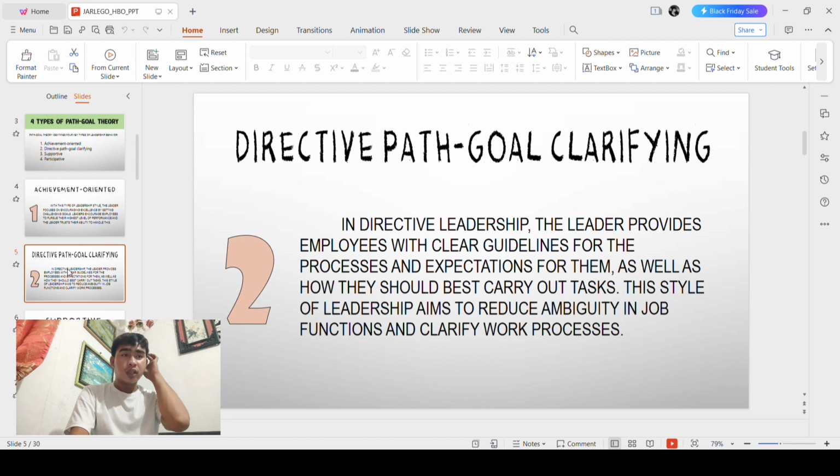This style of leadership aims to reduce ambiguity in job functions and clarify work processes. So, in applying the path goal theory, leaders can use a directive approach by providing clear instructions and guidance to subordinates. This helps clarify expectations and ensures everyone understands their roles, reducing uncertainty and promoting goal achievement.